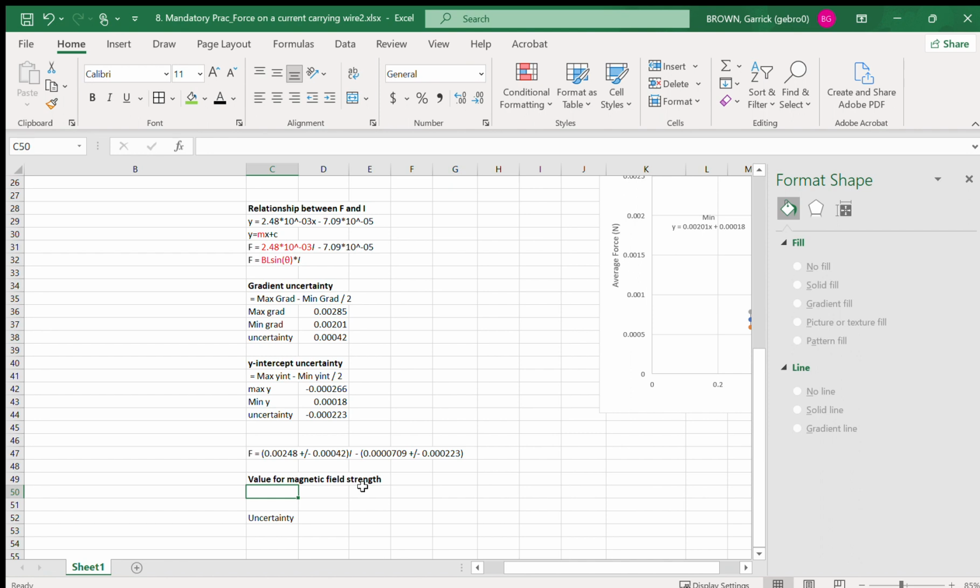Okay, so the gradient is equal to, let's write that in there, gradient is equal to 0.00248, and that is actually equal to BL sine of theta, but in this instance theta is 90, and therefore sine of 90 is 1, and we will disregard that.